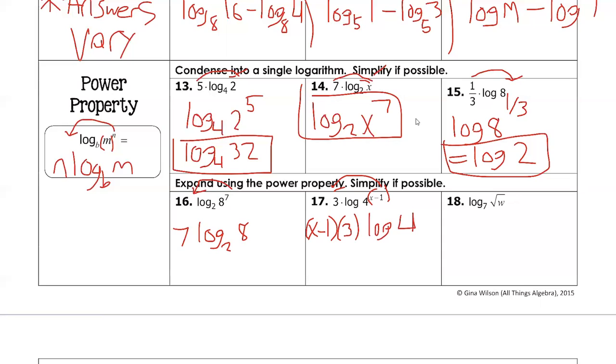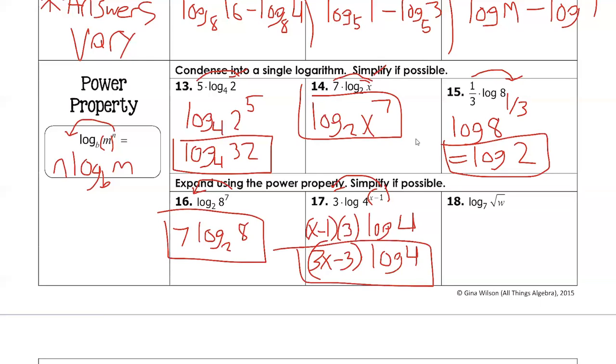So this would be 3x minus 3. You distribute times log base 4. And this last one, like I said, remember a square root's really like a power of 1/2. So you could bring that 1/2 in front.